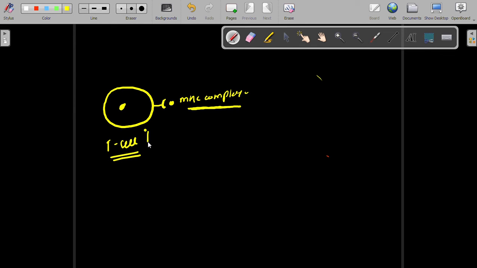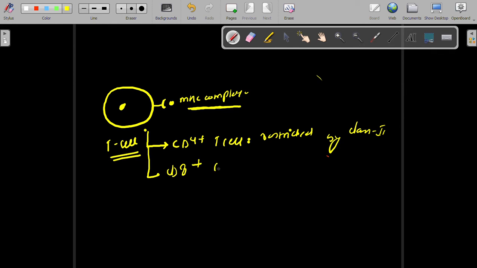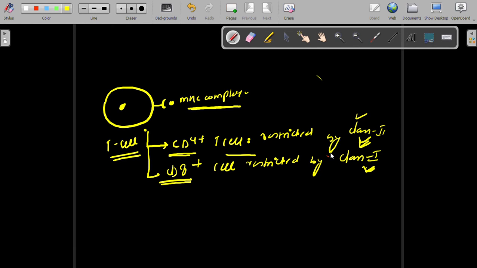And here also, CD4 plus T cells are restricted by class 2 and CD8 plus cells are restricted by class 1. Okay.